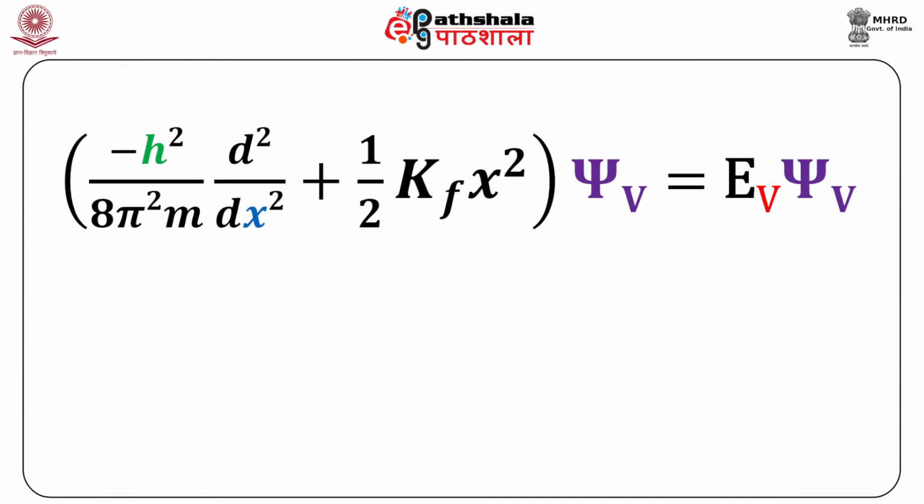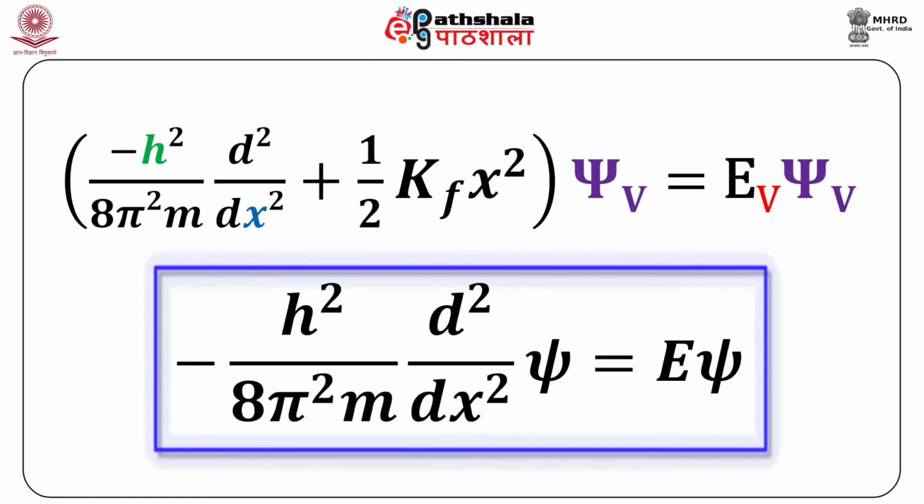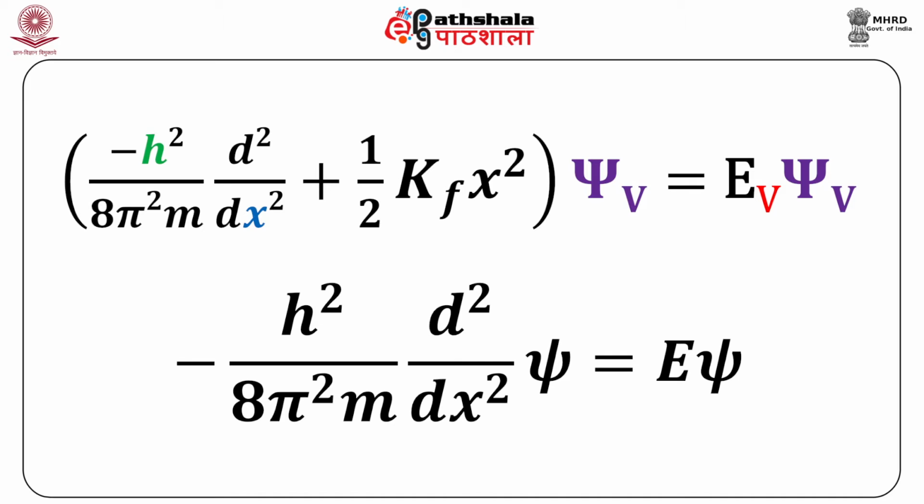If you look closely at this equation and compare it with the corresponding equation for a particle in a one-dimensional box, which we have already studied, you will notice that in the case of a particle in a one-dimensional box, we had the equation minus h square upon 8 pi square m d2 by dx2 psi is equal to E psi, because their potential energy was 0.